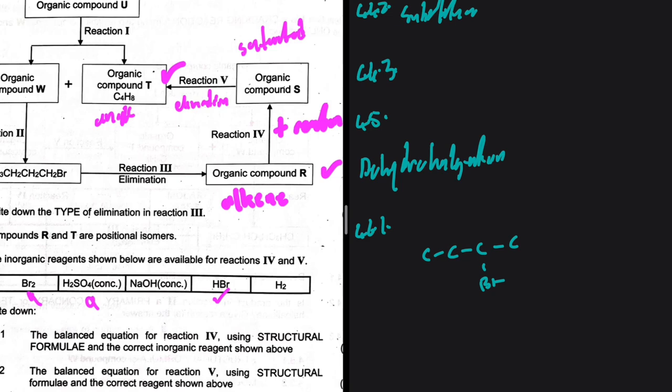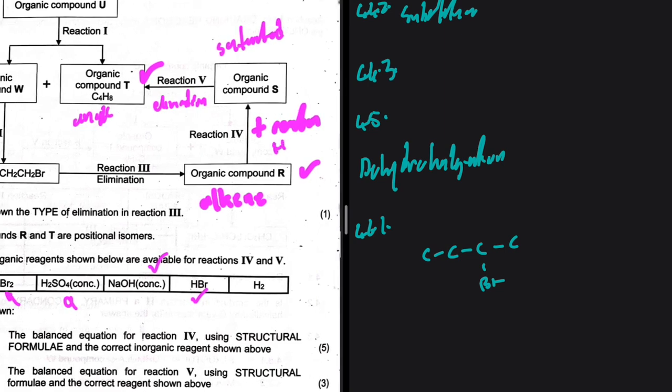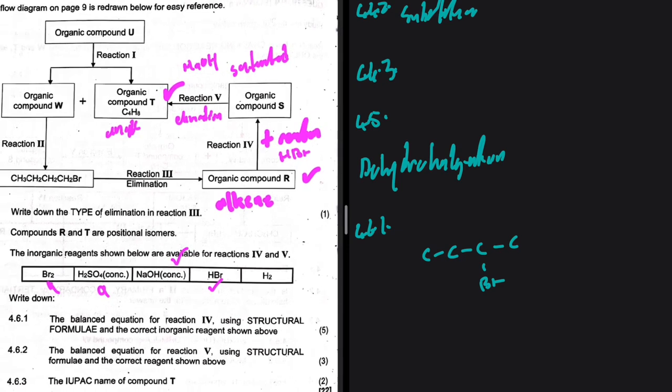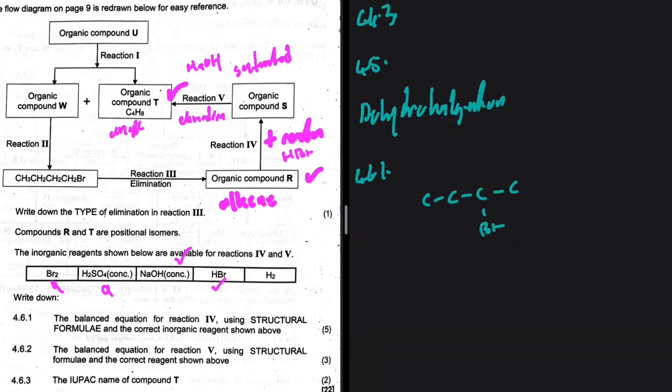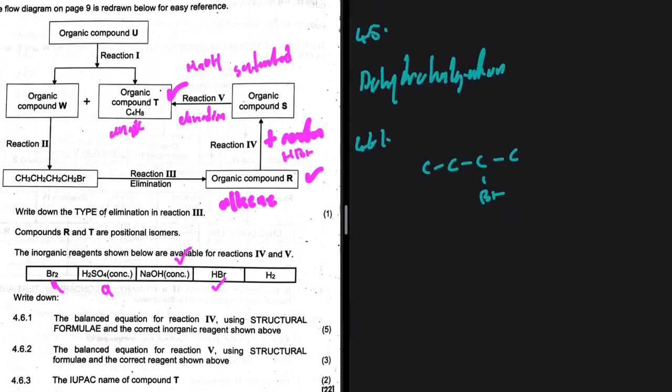Yes, we can, with NaOH. Because it is concentrated, it can be an elimination reaction. So we need HBr here in reaction 4. And then here in reaction 5, we need NaOH. That would totally be fine. That would work. So the balanced equation for reaction 4 using structural formulae. So compound R, we have, let me erase this.